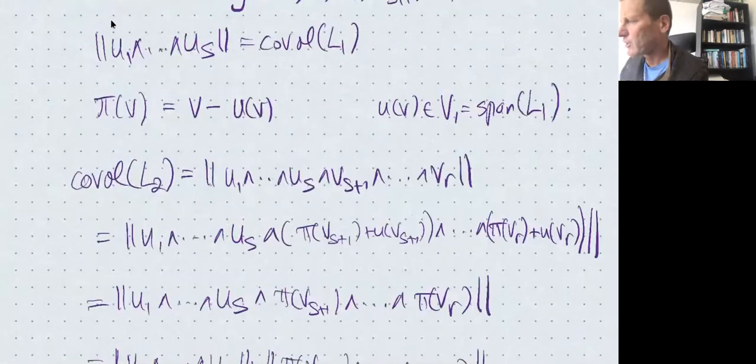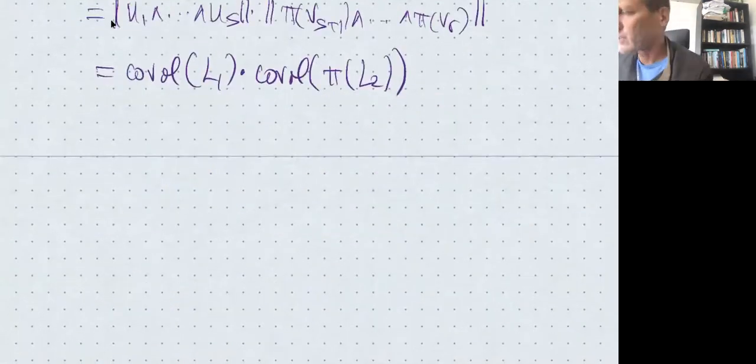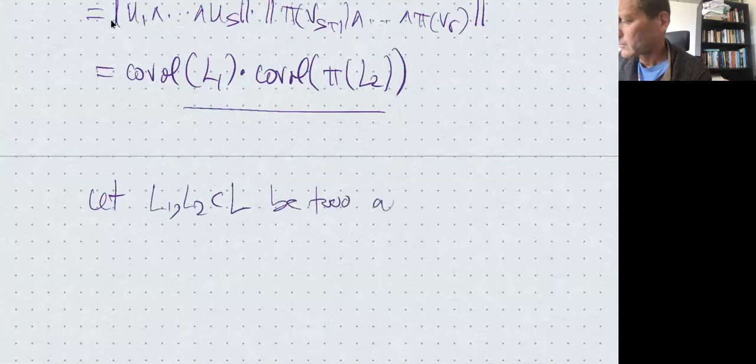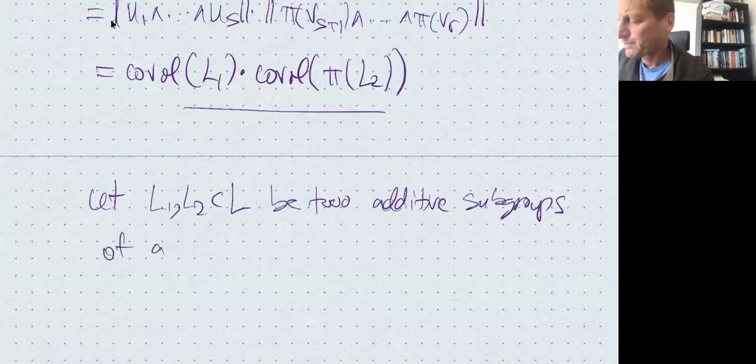Let me state another result which we're going to use. I don't know if I'm going to have time to give the proof. Maybe I will. So here's another proposition. Suppose I have two additive groups of the lattice.